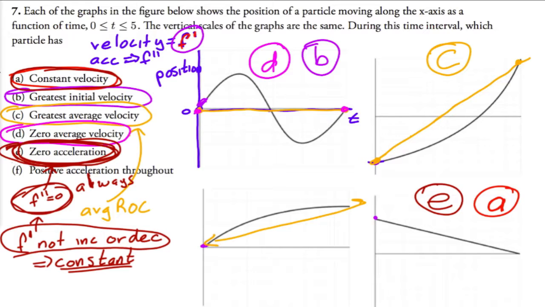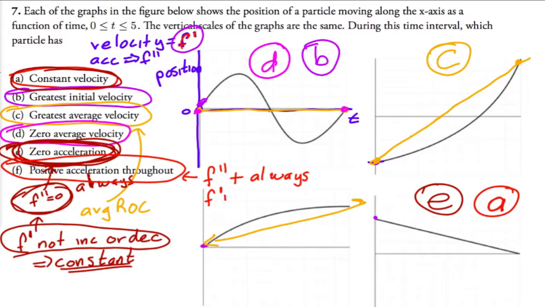Okay, now positive acceleration throughout. Let's talk a little bit about this one. That means that the second derivative is always positive. Okay, so if the second derivative is positive, if you go one step back, what does that tell you about the derivative?